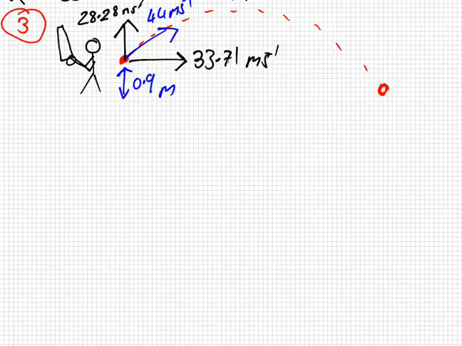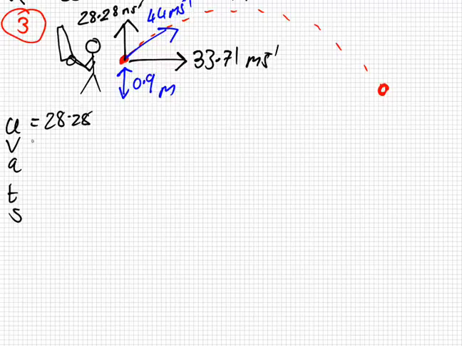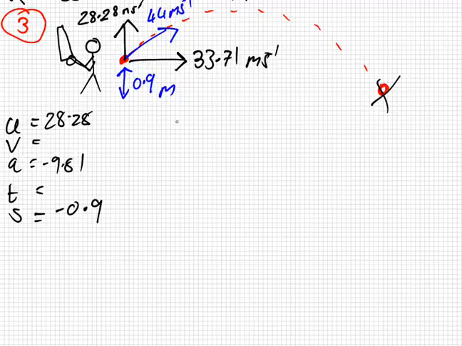The second answer is negative, so forget about it. Now we can get the range. The range equals Sx, which is ut plus a half at squared, but that part's 0. So it's just 17.32 times 5.65.